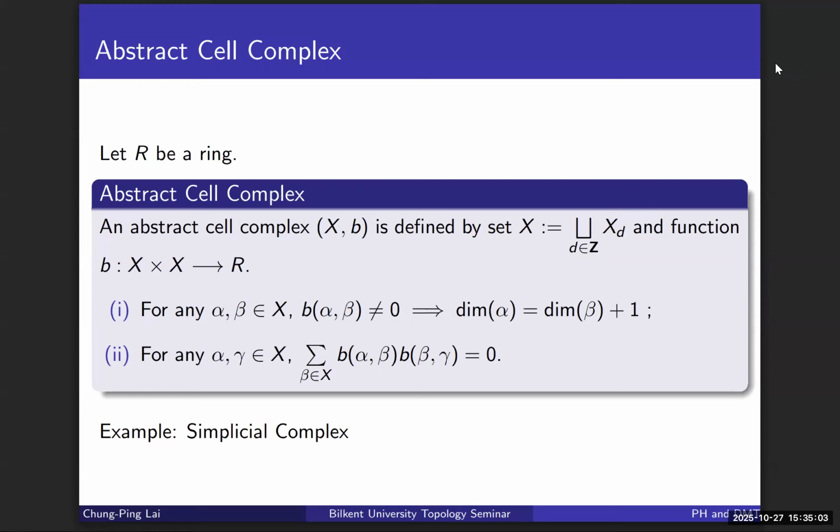A simplicial complex, which will be the main object when we discuss persistent homology, is something that we can realize as an abstract cell complex, and the boundary incidence will mostly be 1 or -1, depending on how we orient the simplices.